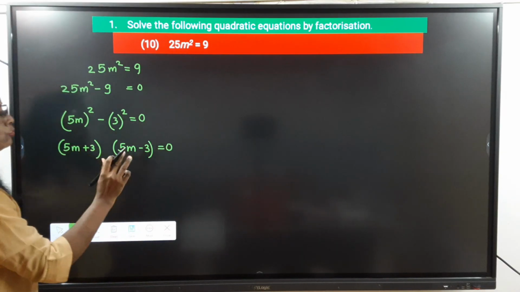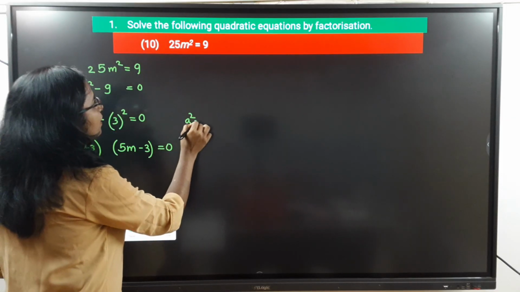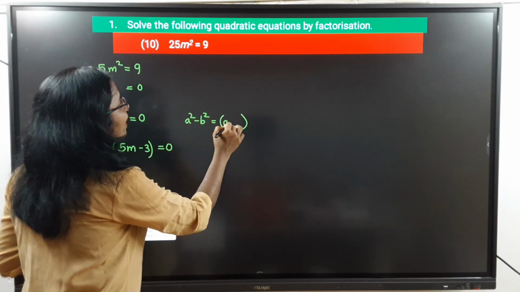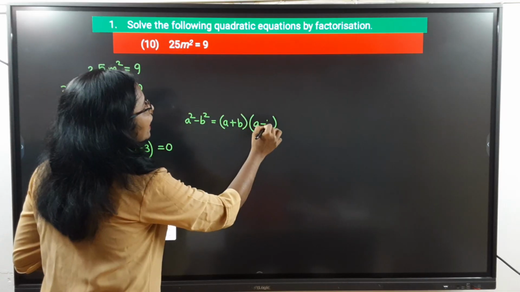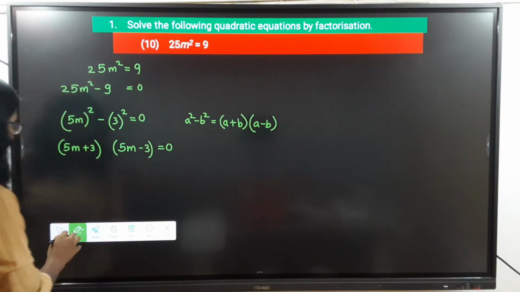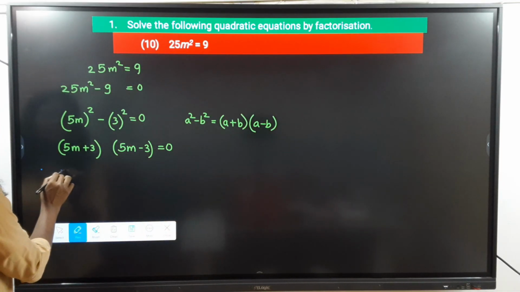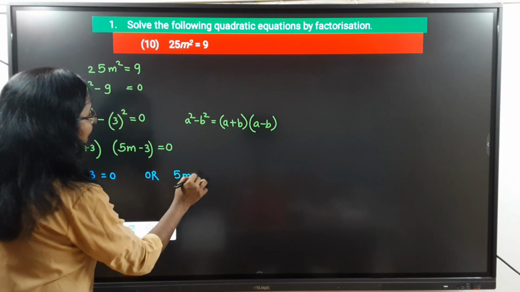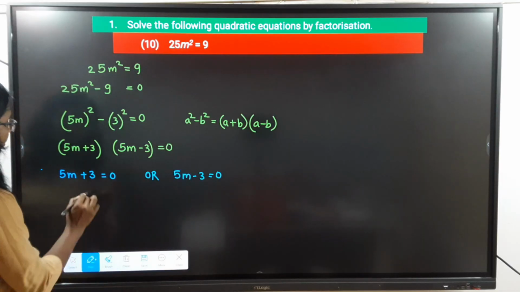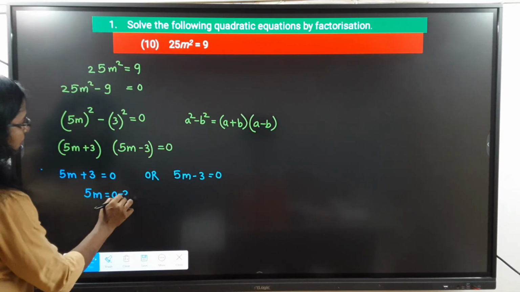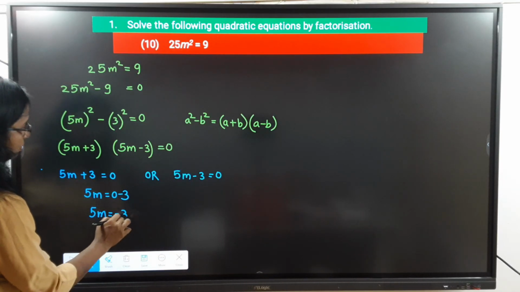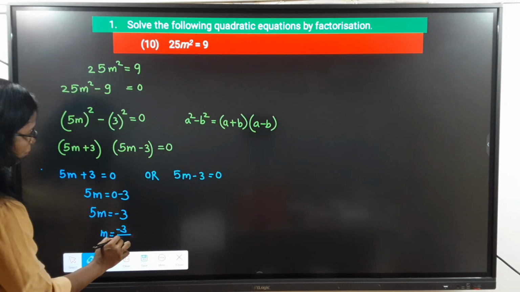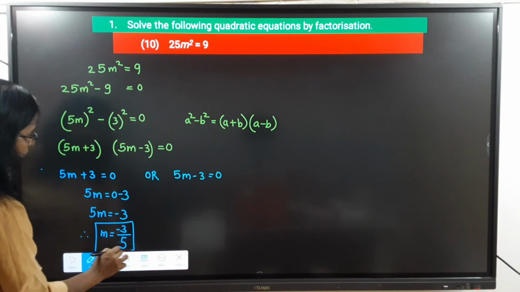Here, students, we use the formula a square minus b square is equal to, in the first bracket we write a plus b, in the second bracket we write a minus b. So now further we simplify this. So 5n plus 3 is equal to 0, or we say 5n minus 3 is equal to 0. Therefore 5n is equal to 0 minus 3, 5n is equal to minus 3, n is equal to minus 3 upon 5.